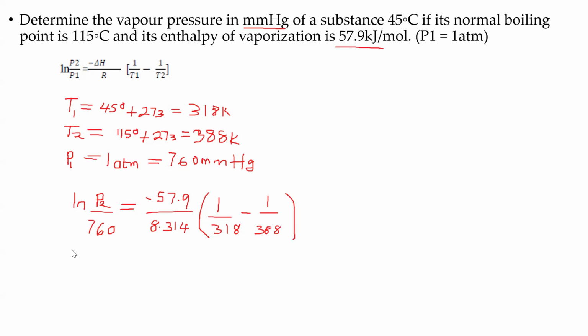So now we have ln P2 all over 760 equals to... Therefore we now have ln P2 all over 760.